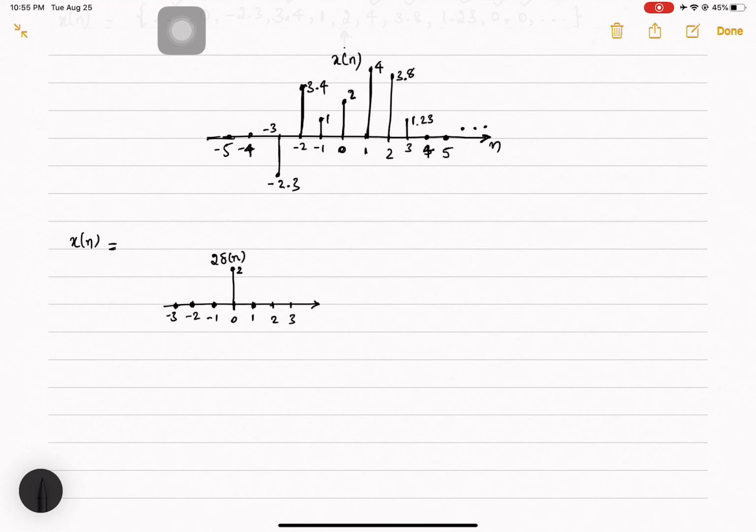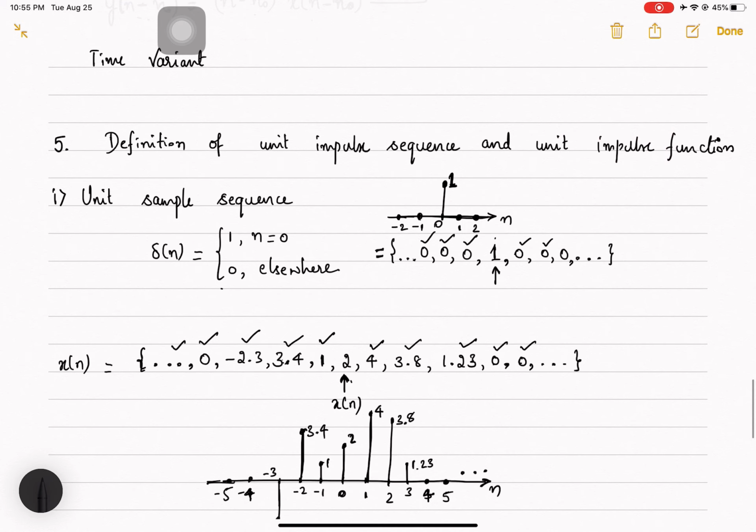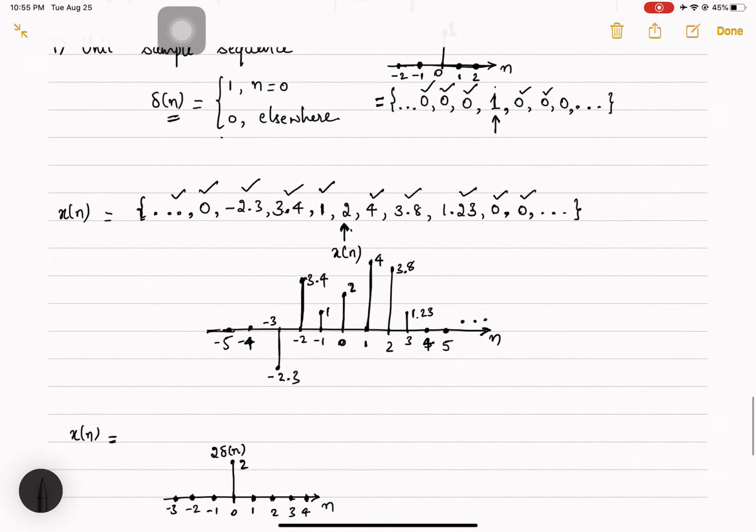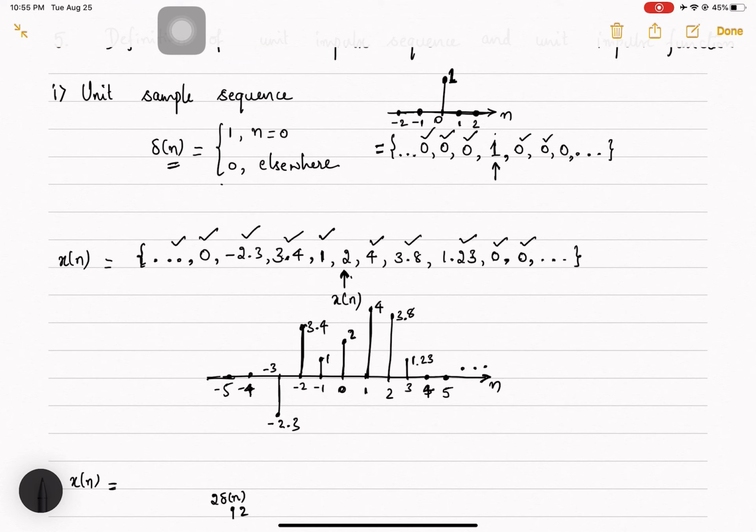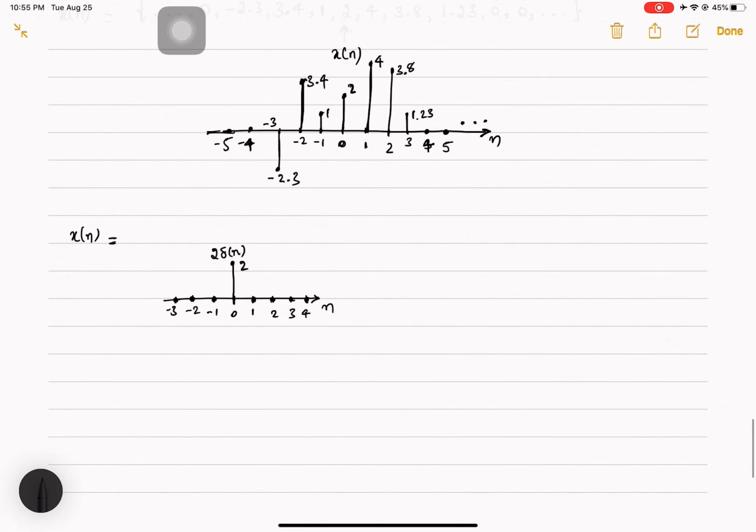Okay, it is 0 elsewhere, and it exists only at n equal to 0, whenever the term inside the bracket is 0, right? So this is called an argument. So whenever this is 0, the value will be equal to 1, right? And whenever n is not equal to 0, the value of the function will be equal to 0. So that is what I have drawn. So this is 2 times delta n, hence the value of the amplitude is multiplied by 2, so the value of the amplitude is plus 2.